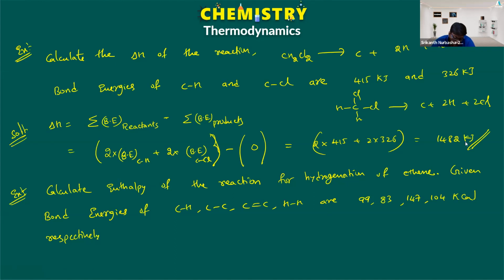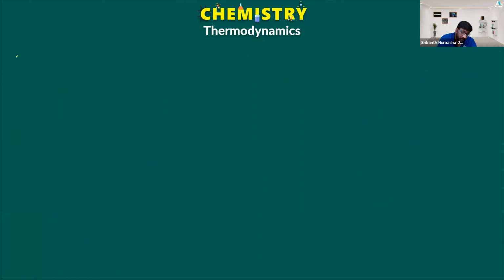So next one is calculate the enthalpy of reaction for the hydrogenation of ethene. For that particular reaction, we have to calculate the enthalpy of the reaction. They have given the bond energies of different kinds of bonds like CH bond, CC bond, C double bond C, and hydrogen-hydrogen single bond. The solution goes like this, students.